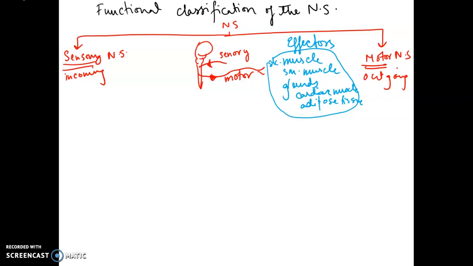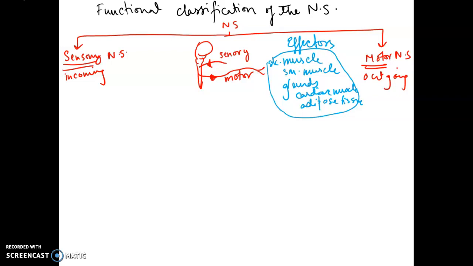So your brain and spinal cord is sending out the motor command, telling the skeletal muscles to contract. So the skeletal muscle is an effector which is contracting based on the command coming from the brain and spinal cord. Does that make sense?